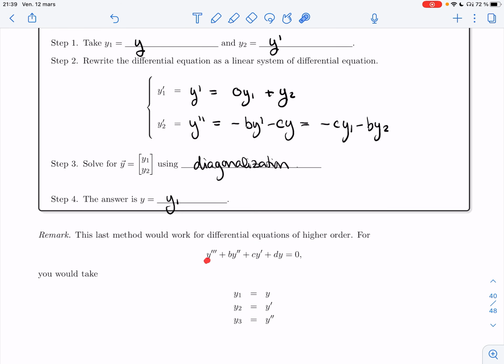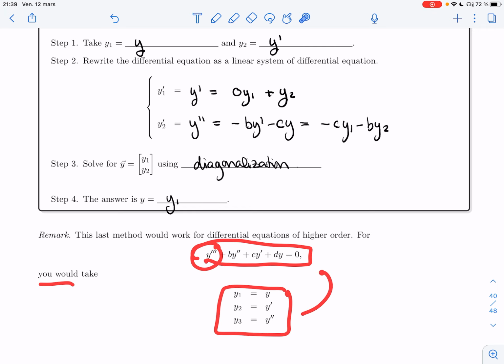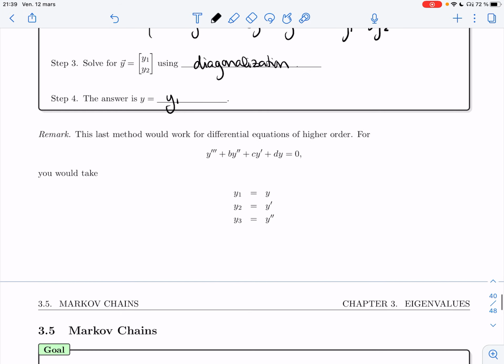For something of order 3 that would involve the third derivative, you would take 3 different variables and build it just the same way. So here, y1 prime would be y2, y2 prime would be y3, and y3 prime you rewrite using the original differential equation.